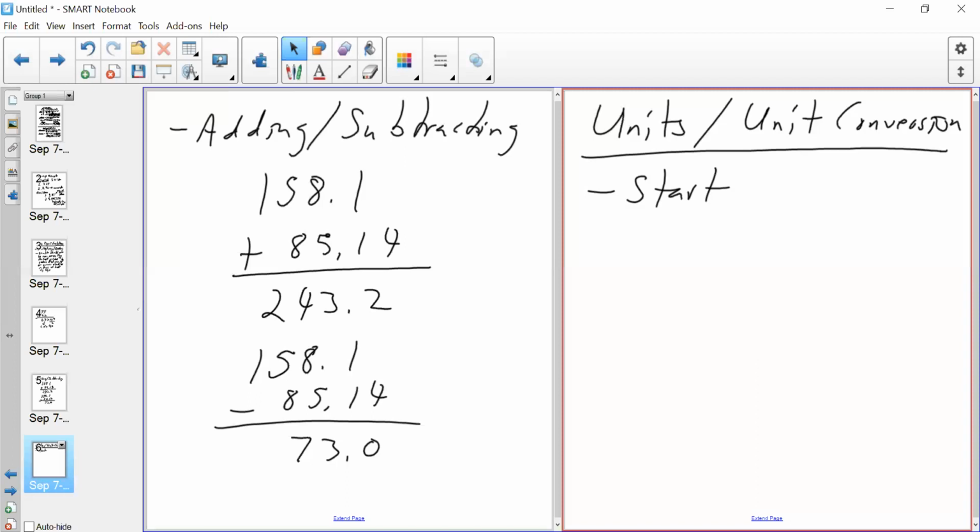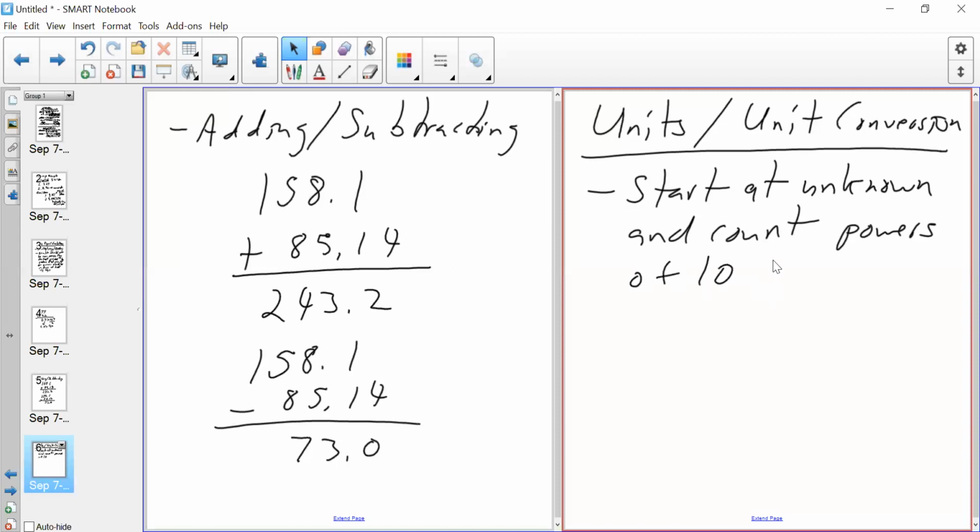We start at the unknown and count powers of 10 to the known. How many centi unknown are in 1 meter? 2 powers of 10 to the right, so it's going to be 1 times 10 to the second, or 100 centimeters in 1 meter.